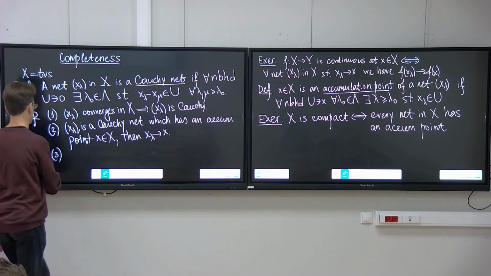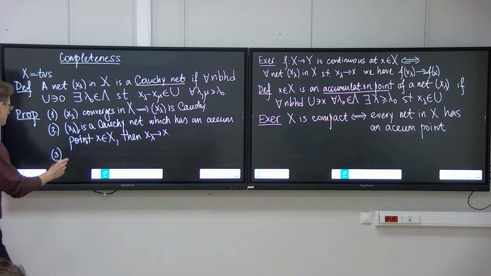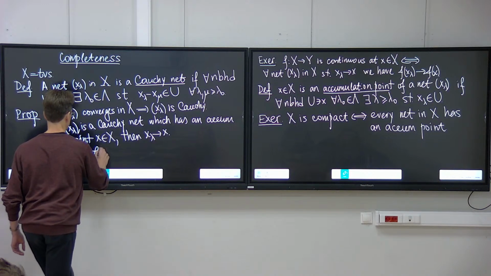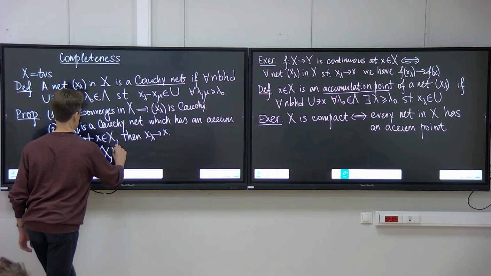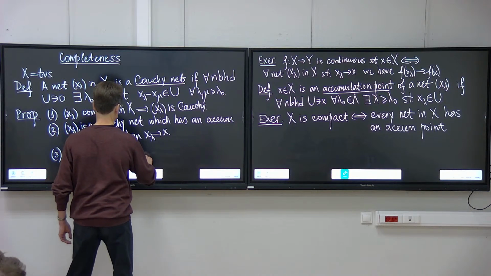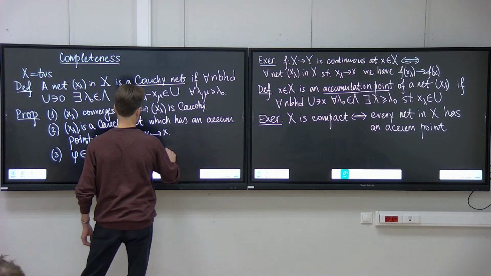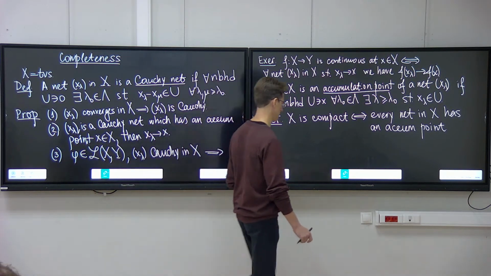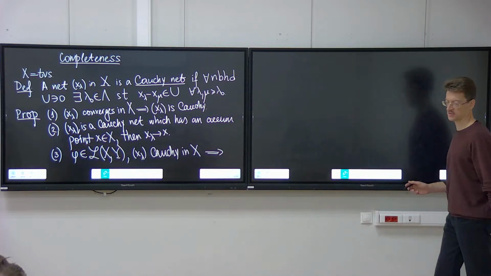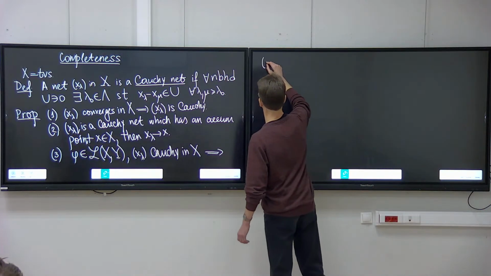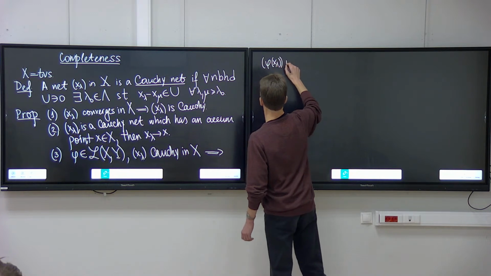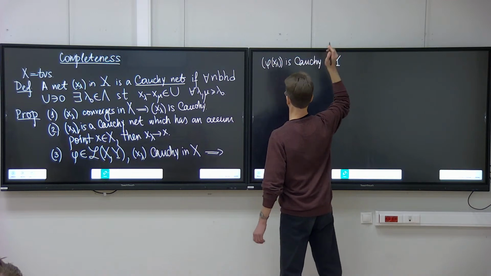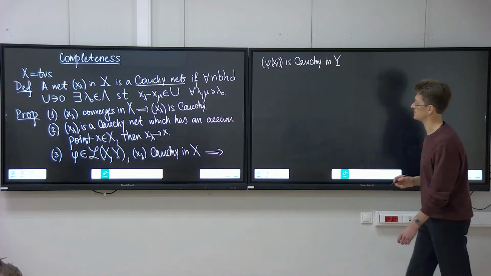Property 3: suppose phi is a continuous linear map from X to Y, and x lambda is a Cauchy net in X, then its image will be a Cauchy net in Y. Continuous linear maps take Cauchy nets to Cauchy nets.